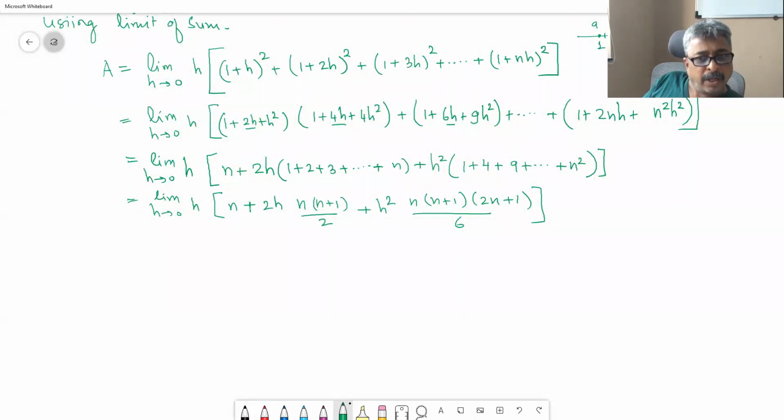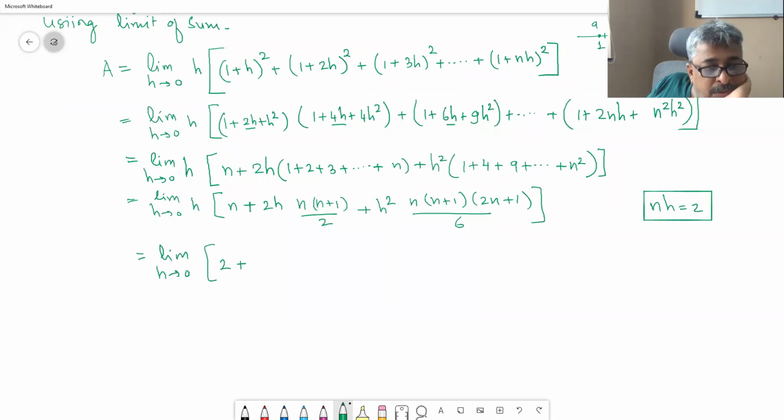So now nh is equal to 2. We have nh is equal to 2 with us. So let us try to evaluate this limit. Limit h tends to 0. Suppose we take this h also inside, then the first term is nh, which is 2, plus h square n square, 2 to cancel, so h square n square, that is nh square, that is 4, plus h square n.